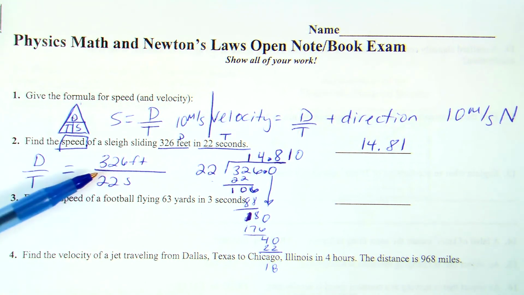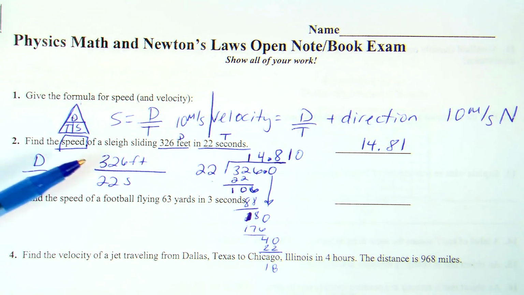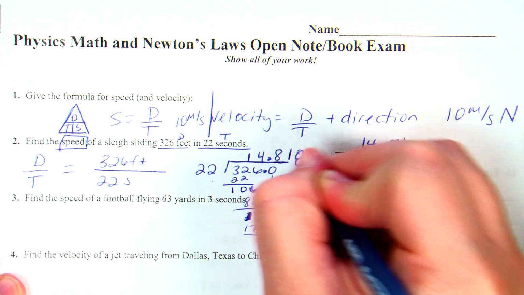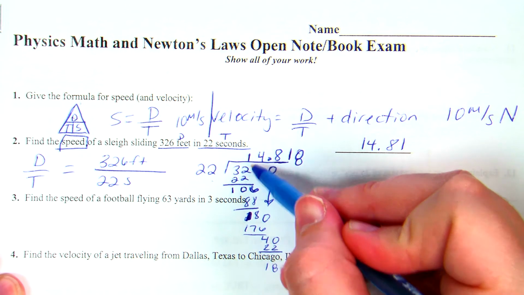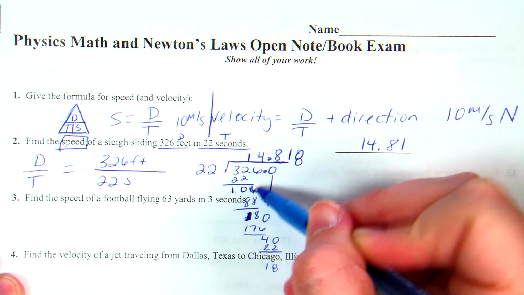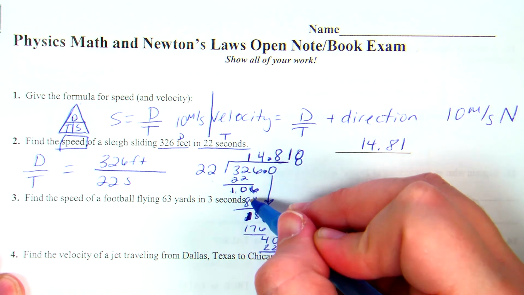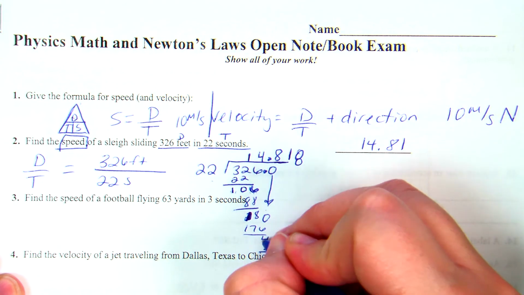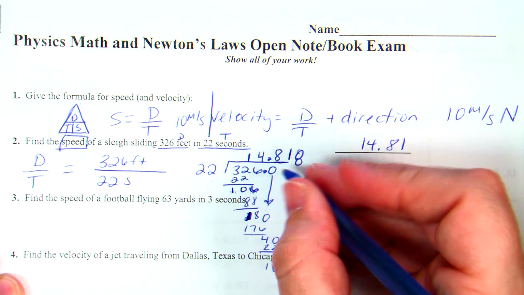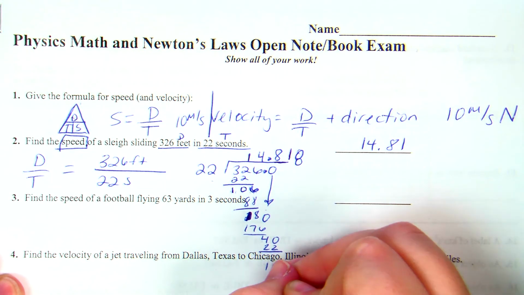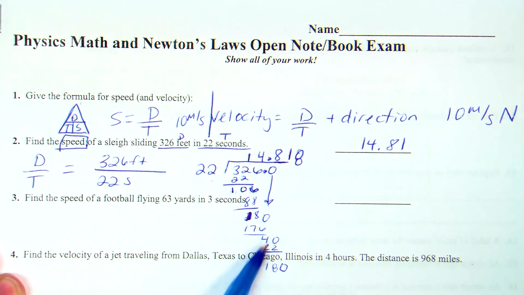For the speed of the sleigh, use the same formula, distance divided by time, 326 divided by 22. You should have something like this. So it goes in one time, giving you 10, bring down the 6, goes in 4 times, gives you 18, bring down your 0, leaving you with 40, going in 1 time, bringing down the 0 again, and that will continue.